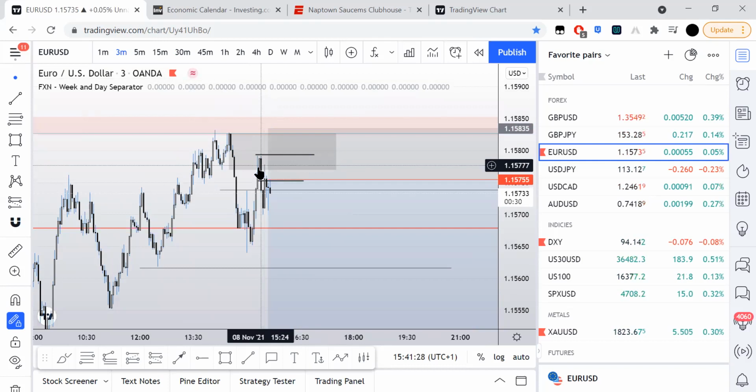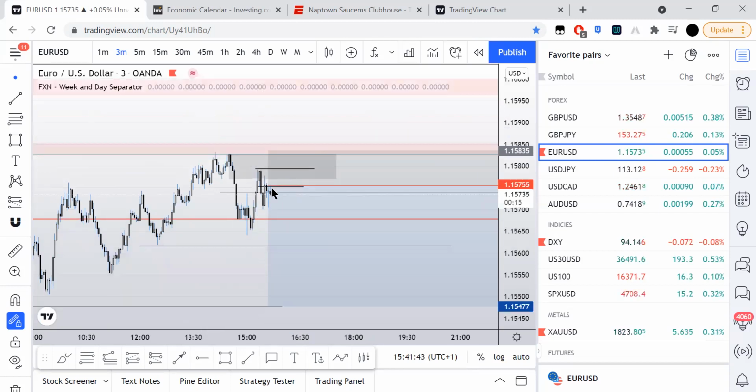Remember I said the expectation should be for this to be respected right here. Even though this is an order block, you want to see this up candle get respected because it was newly formed and it came deep into your original one. You want to see this get respected, but it would be nice to not see it chop around too long and to actually get down to some sell side liquidity.